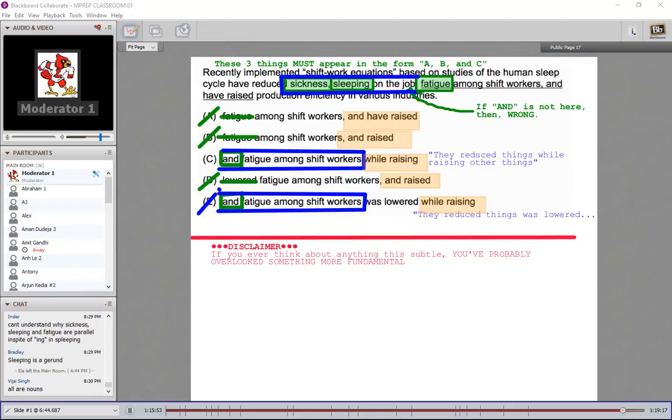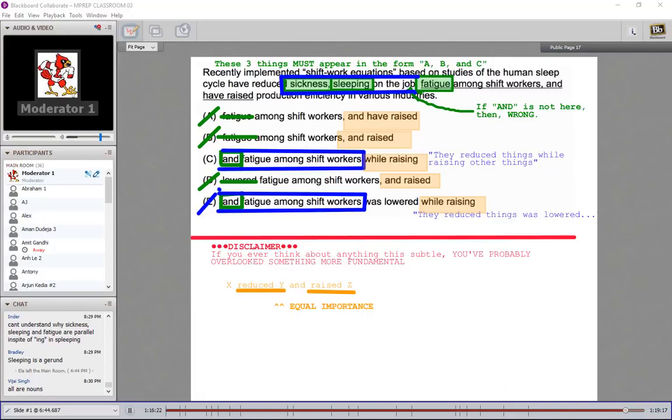Okay, let's do this. We gotta get out of here in a couple of minutes. So let me just tell you what's happening there at the end. If you say things like x reduced y and raised z, these are parallel structures, which means they have equal importance. That's pretty much by definition what parallel structures do. It's the same thing as bullet points on a PowerPoint slide.